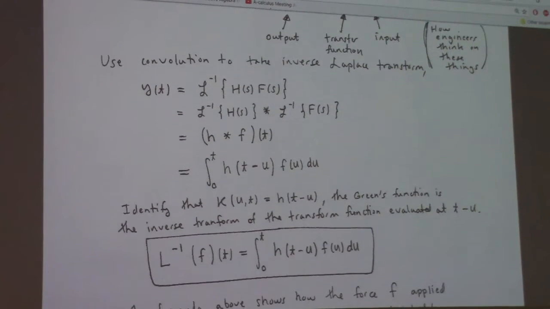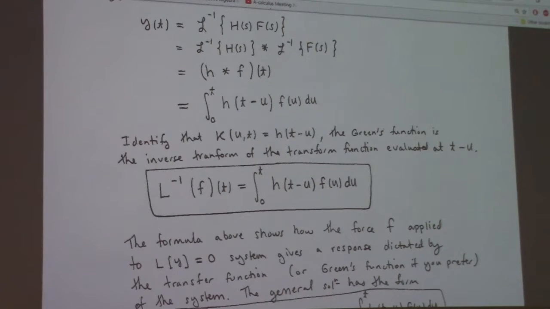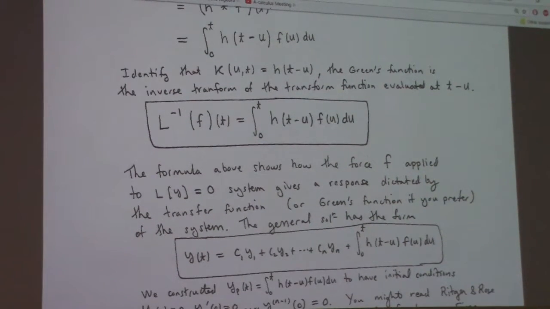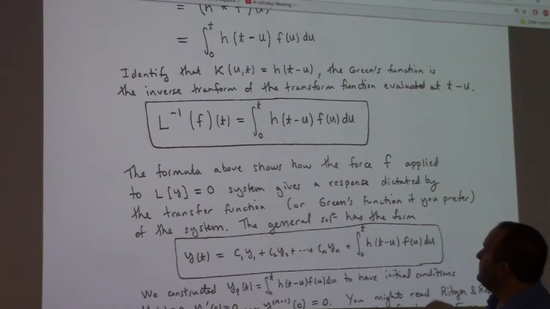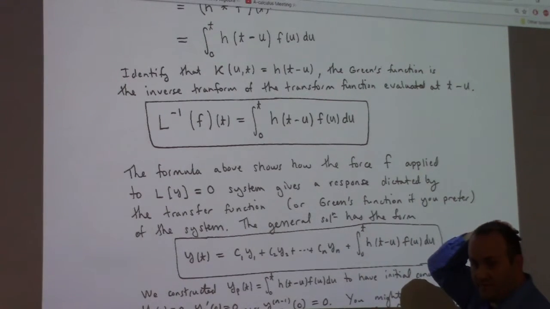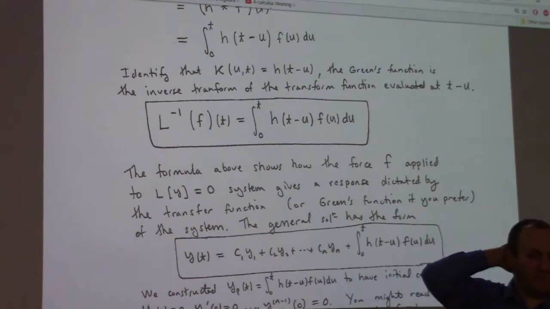Now, basically, if you want the general solution, then the general solution will be... so that's actually a particular solution, right? Do you know why that's a particular solution?